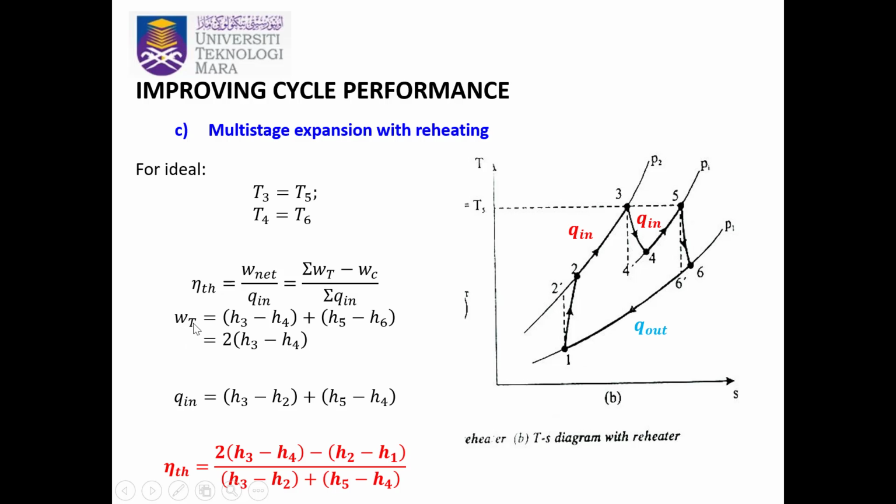The work from the turbine can be written as 2 (H3 minus H4). Why 2? Since T3 equals T5 and T4 equals T6, we can write the work from the turbine as 2 (H3 minus H4).